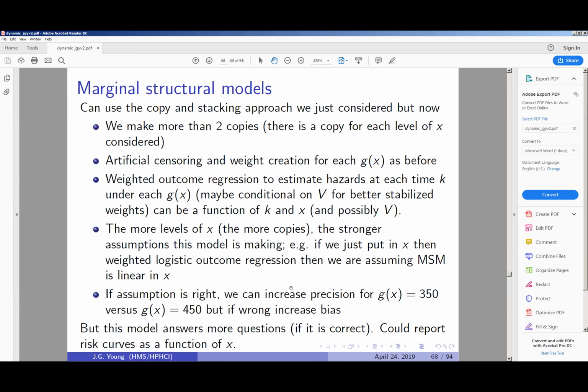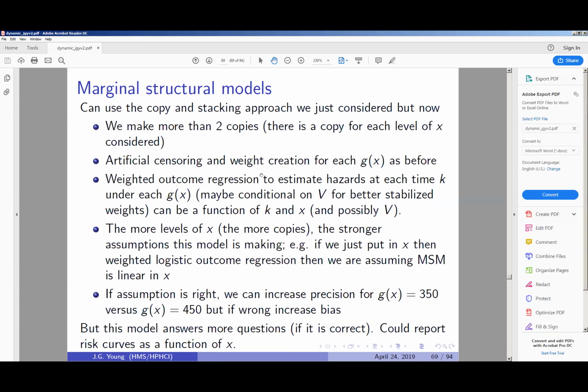So we can denote each of these strategies G of X, and the idea here is a straightforward leap. Instead of just making two copies, we're going to make a copy for every level of X that we consider. We artificially censor, we create weights, and now we can fit a weighted outcome regression. Before, the function of G was just an indicator of G1 versus G2.